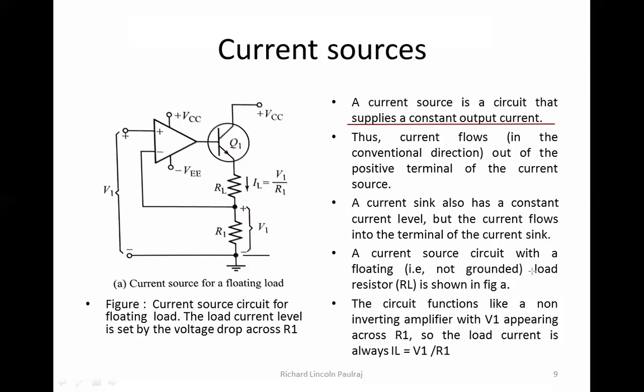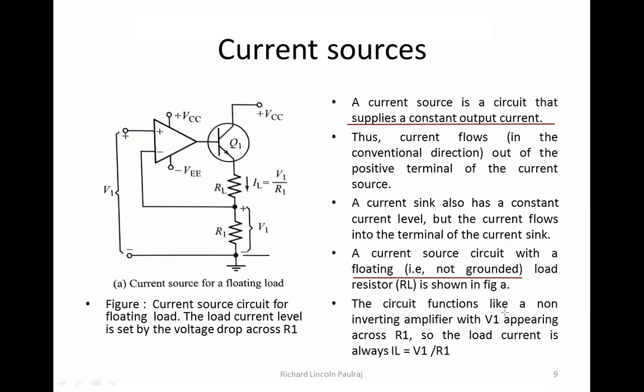A current source circuit with a floating load, and when I say floating, it means that it is not connected to ground. So with a floating load resistor RL, this load is not connected to the ground, but it is connected via R1. So I can say that this becomes a virtual ground here, which means it is passing through R1 and then R1 is getting connected.